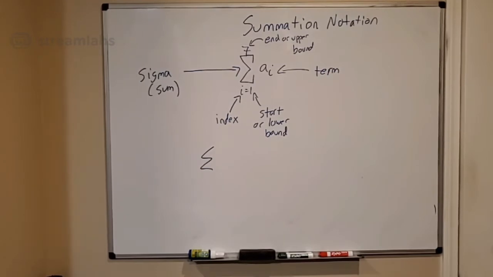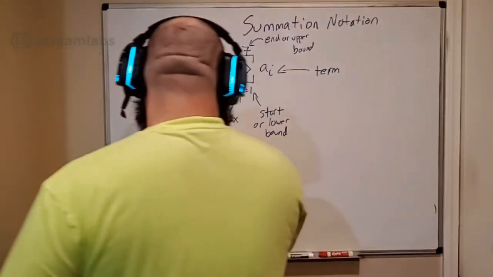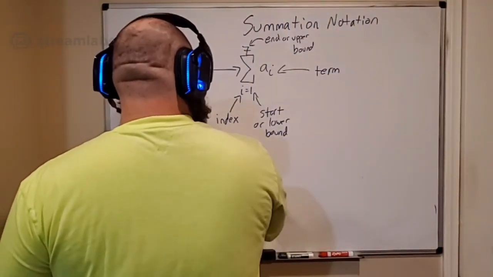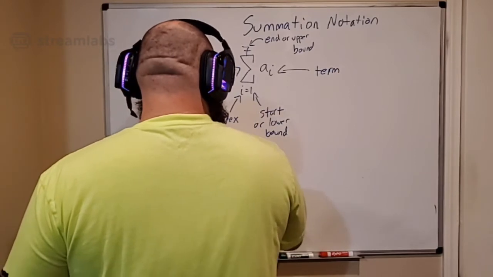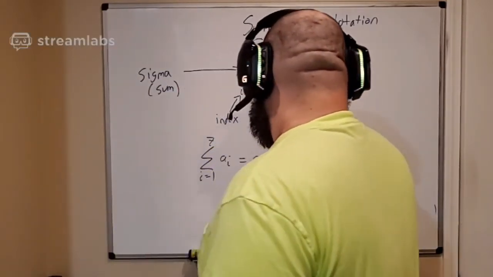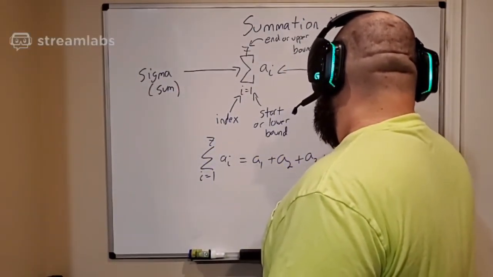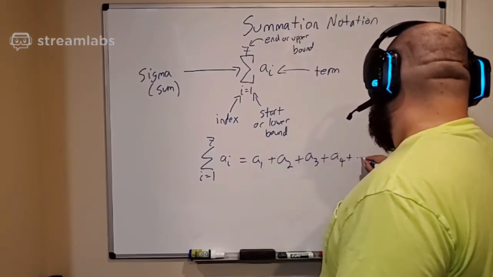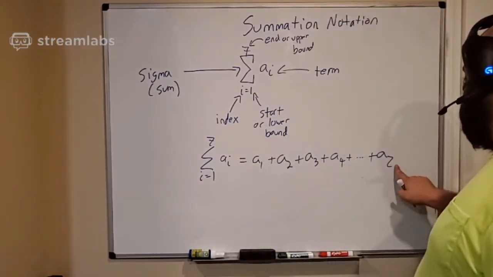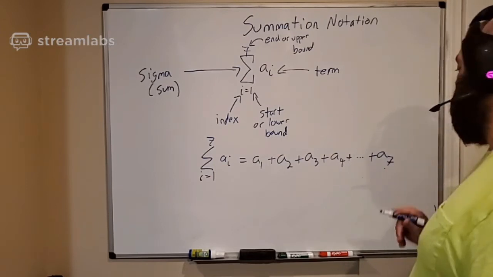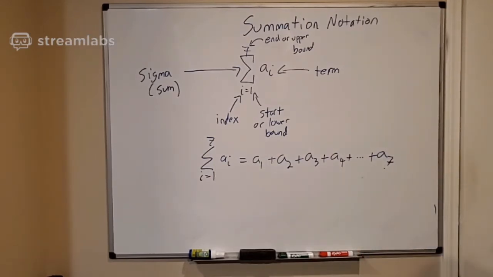So if we do the same way we have here, I is equal to 1 to 7, A sub I, A sub 2. Not Z. So the sigma notation that I have written on the board basically tells you to add the first 7 terms.